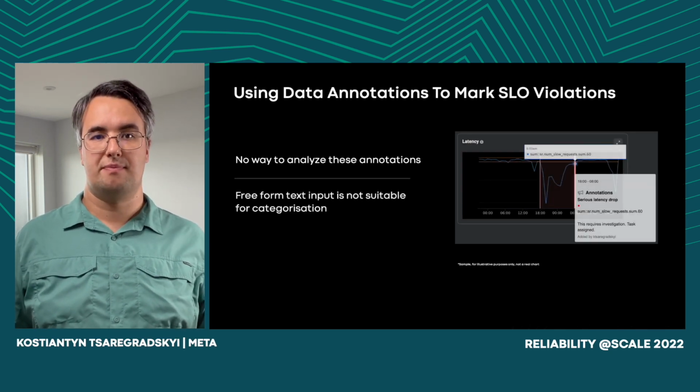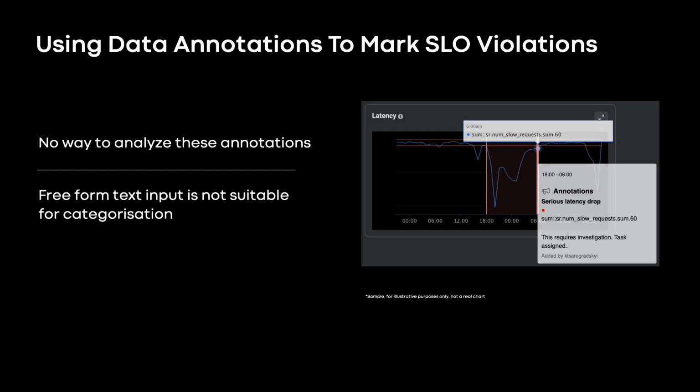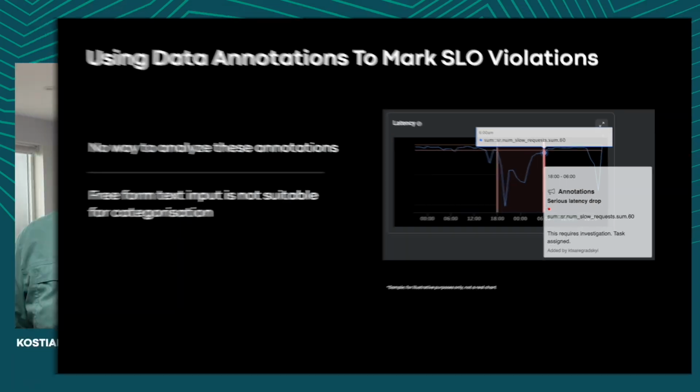Here at Meta, the data tools, including Sleek, have a capability of creating annotations, called the Collaborative Annotation Framework. This is basically a tool that allows you to attach a piece of metadata to a particular dataset. This piece of metadata could contain some text, title, start time, end time, and other things.